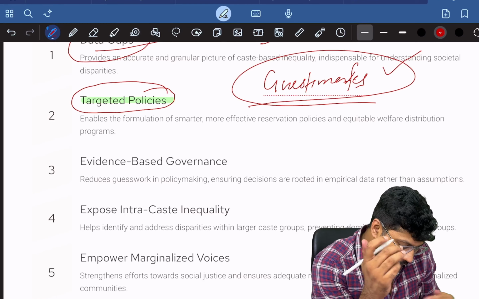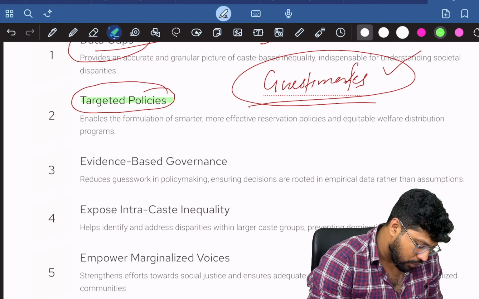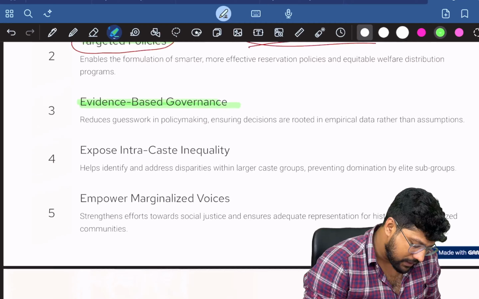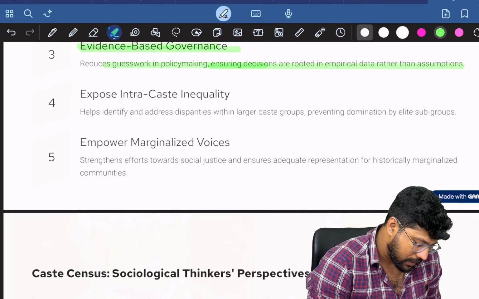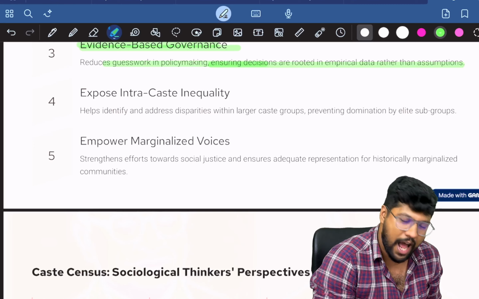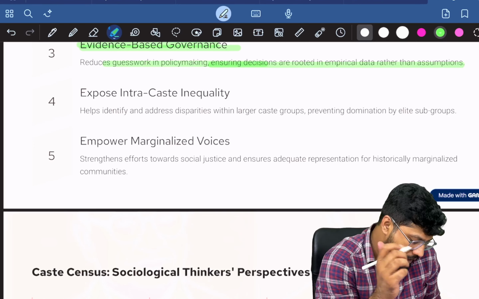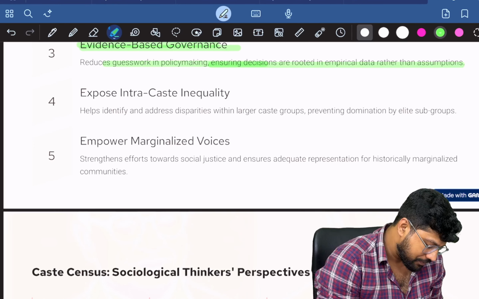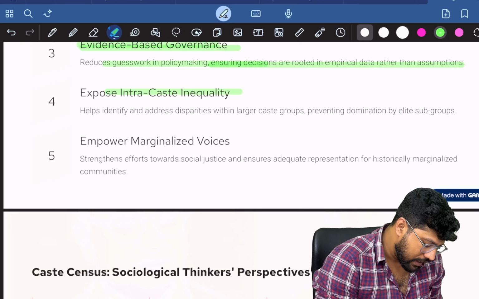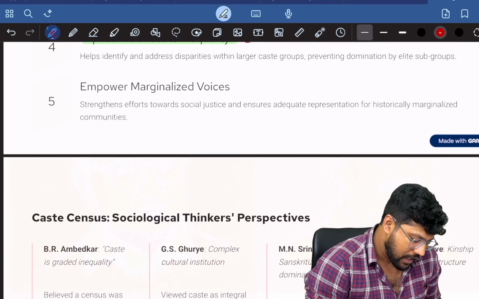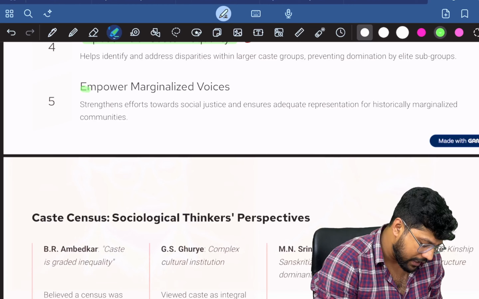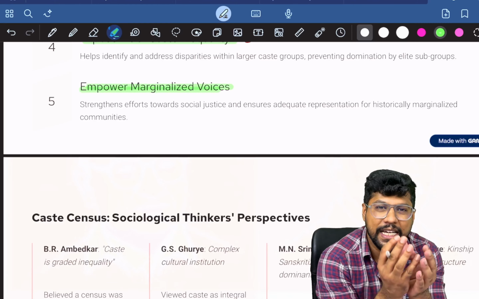So all this has a wider impact, and we also need to go for wider evidence-based governance and data creation. All these are important aspects, and a caste-based census will also expose intra-caste inequality. So intra-caste inequality and, as I already told, the need for subcategorization of reservations, and this will also help us identify exactly who is getting the benefit.